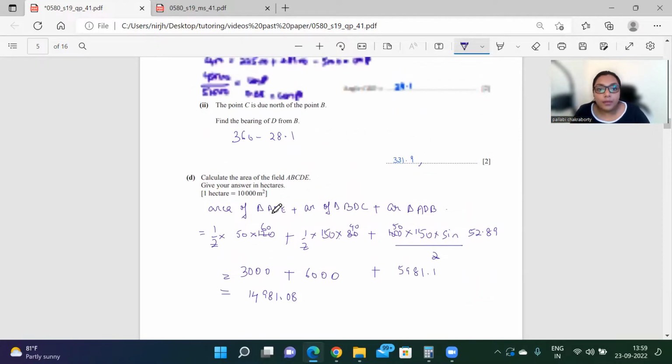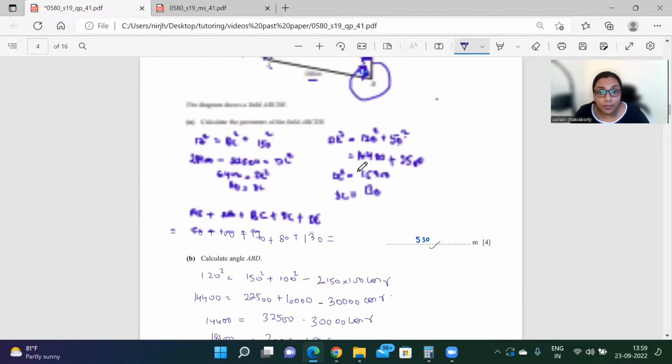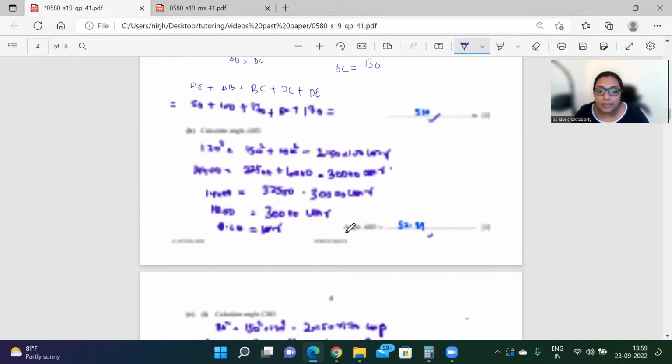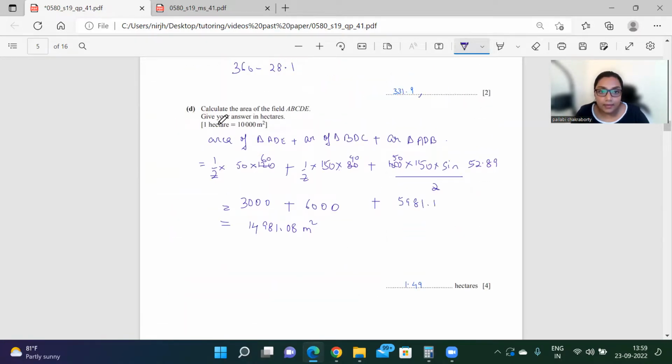Then this is in meters square because in our question, everything was given in meters. Then the question says to find the area in hectares. 1 hectare is 10,000 meters square. So again, I will use the logic over here, how to convert this into hectares. So 1 hectare is equal to 10,000 meter square.